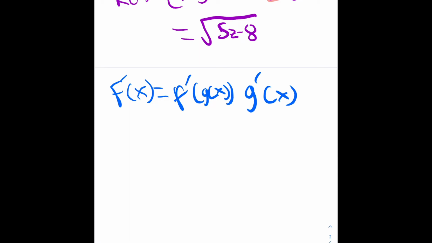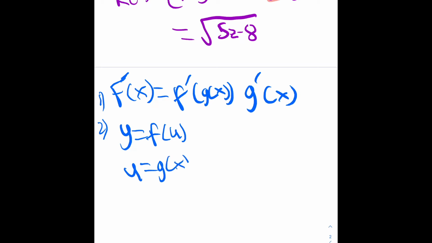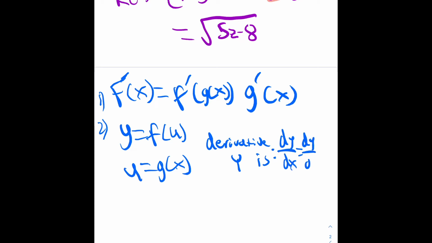Another way to state it is that if y equals f of u and u equals g of x, then the derivative of y, dy over dx, equals dy over du times du over dx.